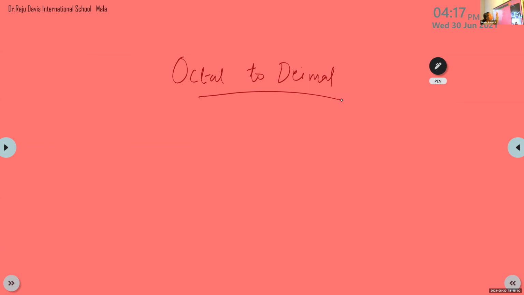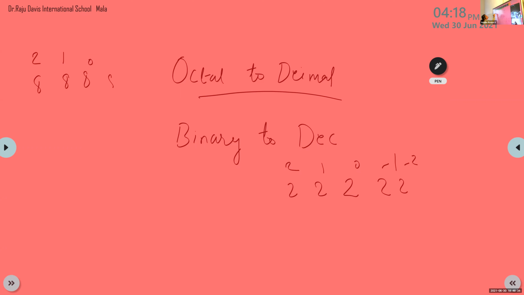Here it is octal to decimal, so we have to write 8 raised to 0, 8 raised to 1, 8 raised to 2. For binary to decimal conversion, we use 2 raised to 0, 2 raised to 1, 2 raised to 2, or 2 raised to minus 1, 2 raised to minus 2, etc. In the case of octal to decimal conversion, we use 8 raised to 0, 8 raised to 1, 8 raised to 2, 8 raised to minus 1, 8 raised to minus 2, etc.